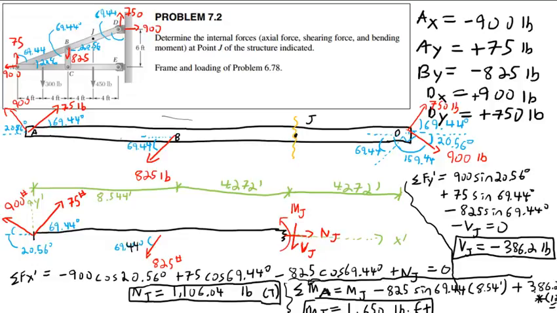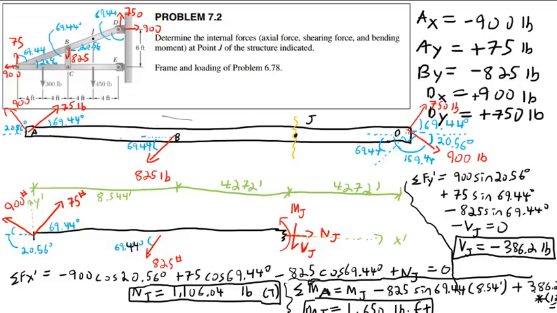So again, my overall method: first I found the reactions, or the external forces applied to the member. Then I transformed those forces so I had their angles along the local axis of the member. And then finally I did a cut at J and did a summation of forces there.